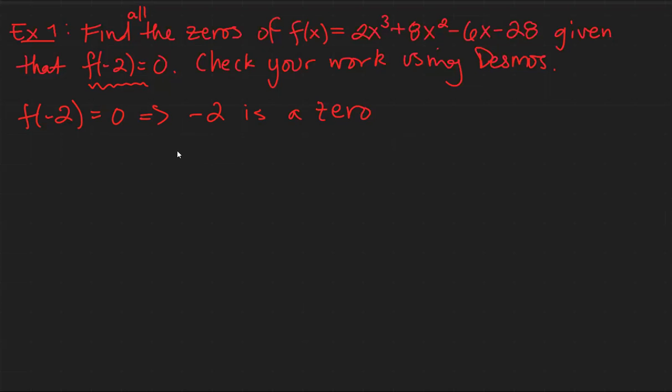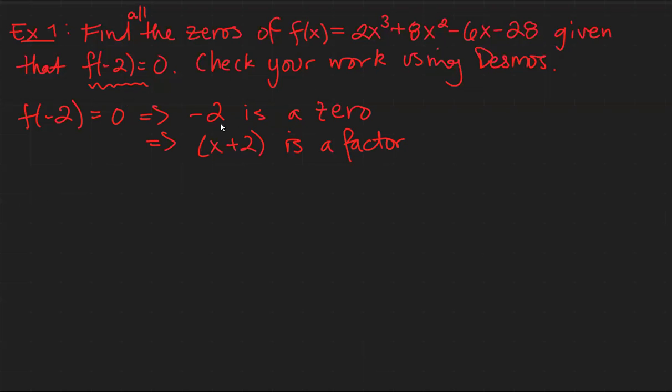If that's the case, then we know x plus 2 is a factor, which means that x plus 2 divides into f of x evenly, so we can use synthetic division and know that it's going to give us a nice result. So let's use synthetic division to find the rest of the zeros.